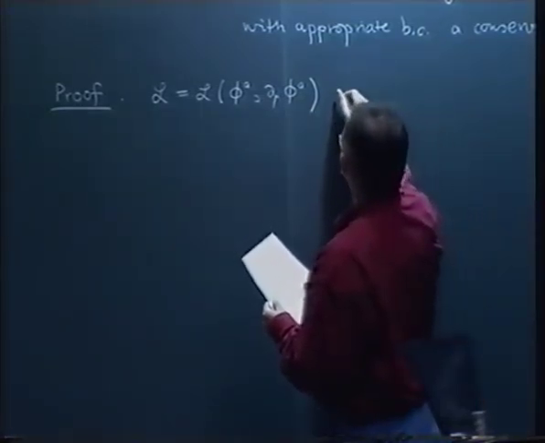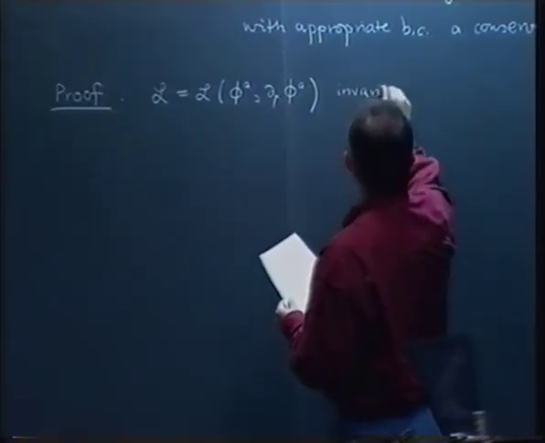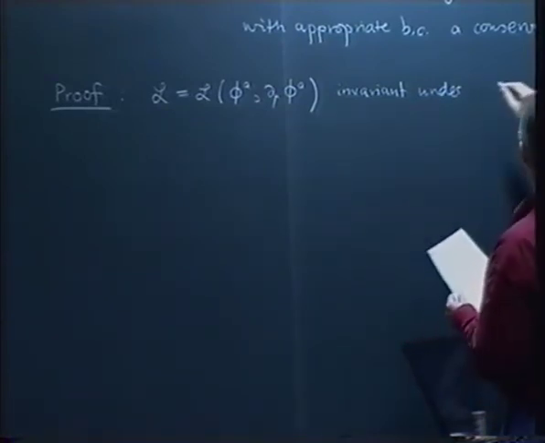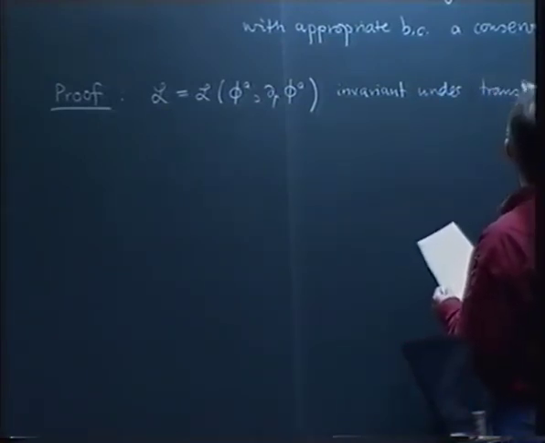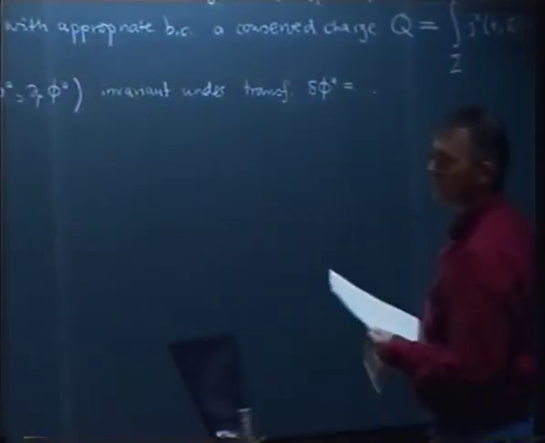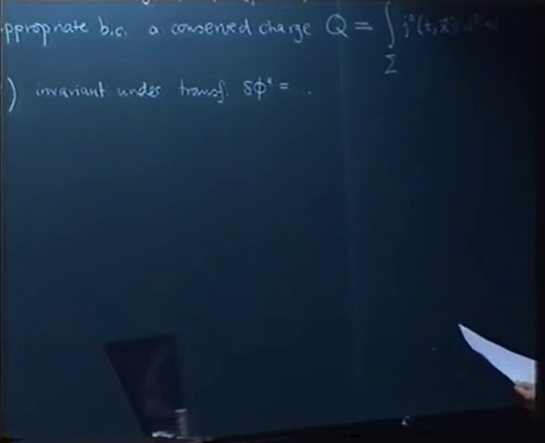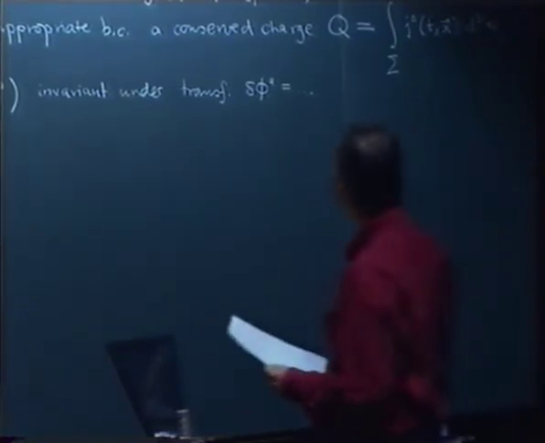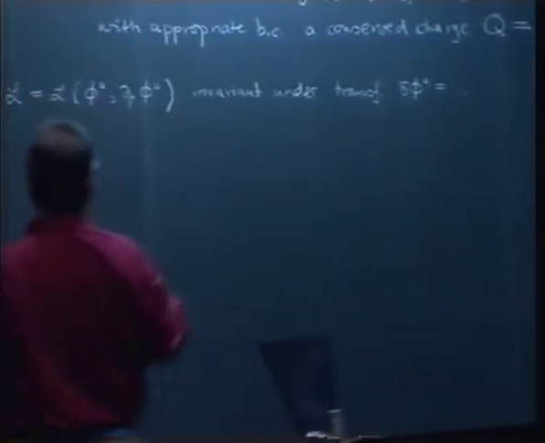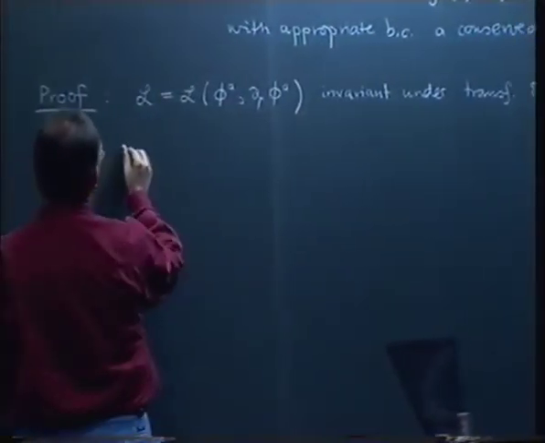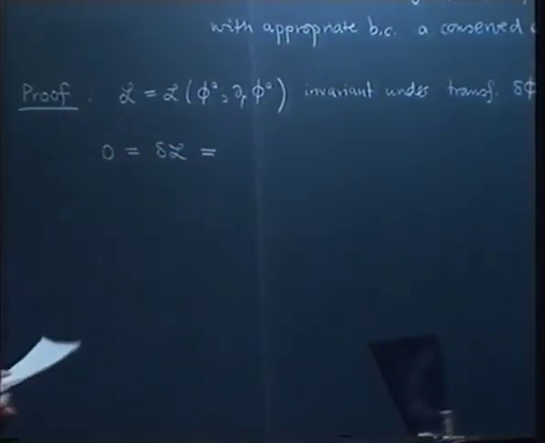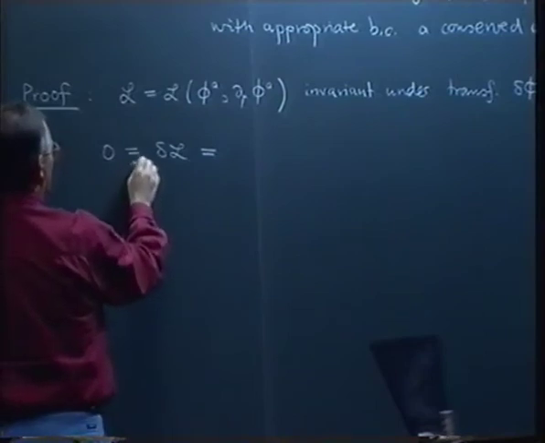So let this be invariant under some transformation delta phi A. I don't even have to specify what it is at this moment. So that means that if I vary these fields in here, then delta L will be 0. This is the assumption that it's invariant.